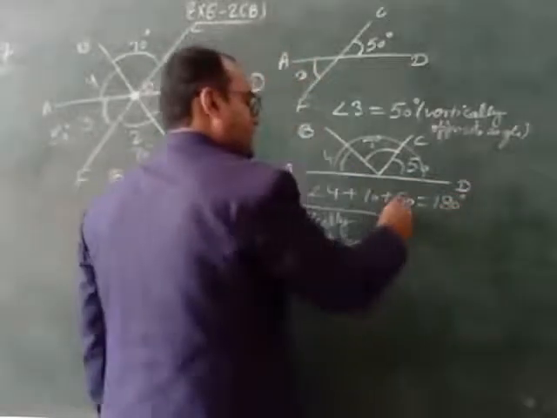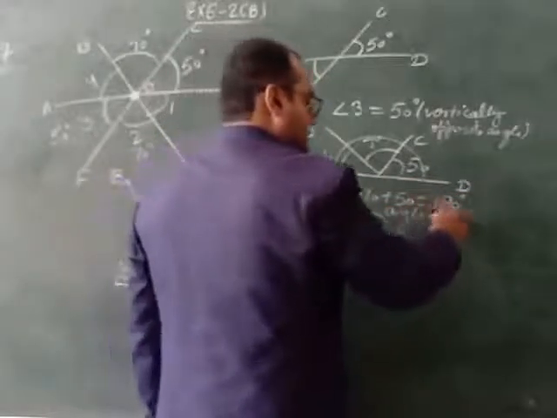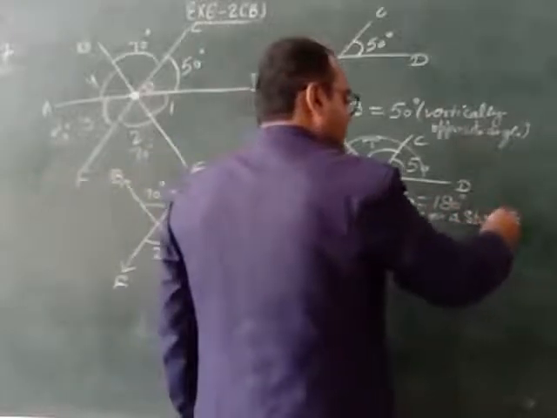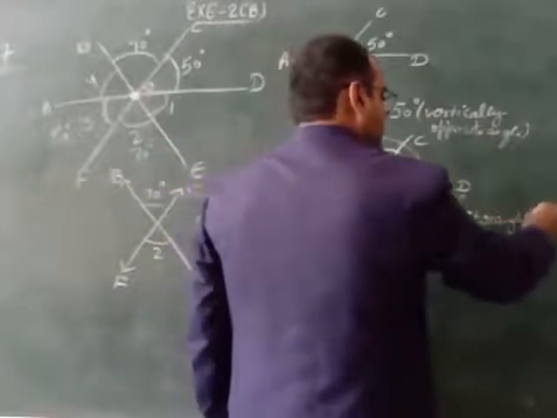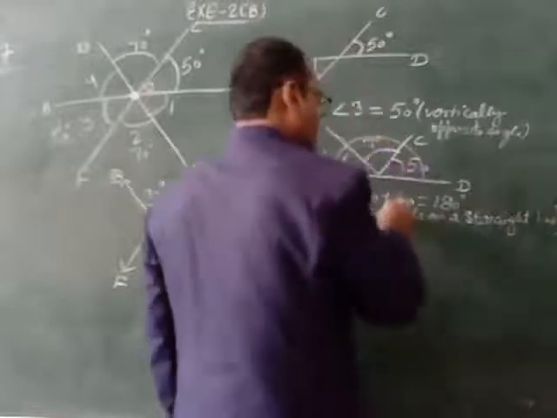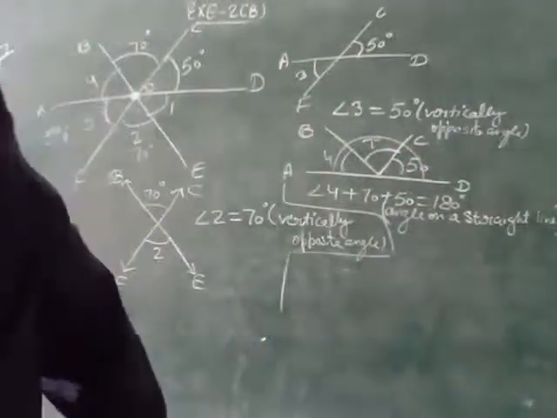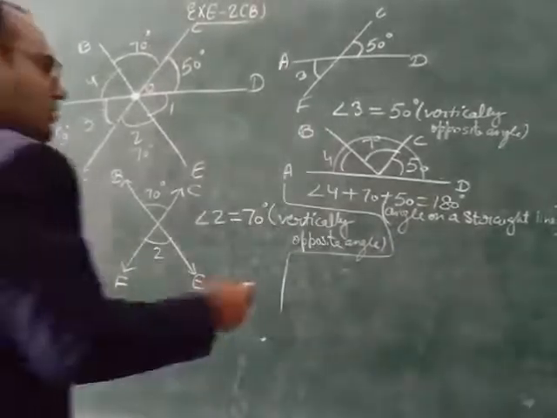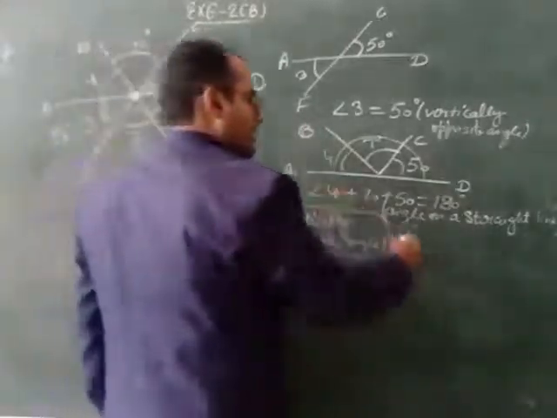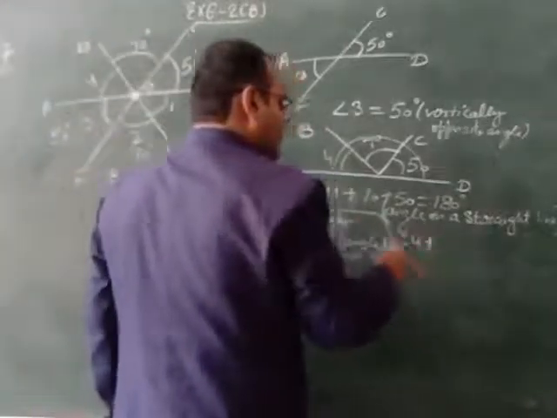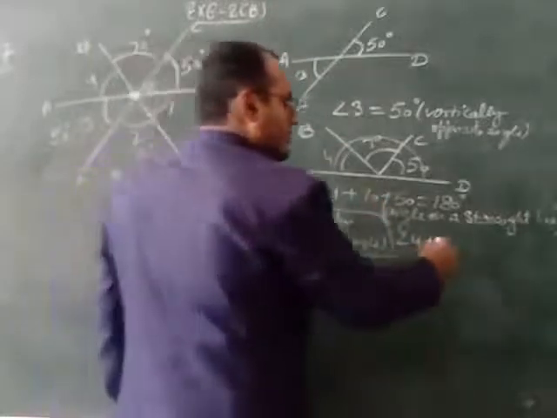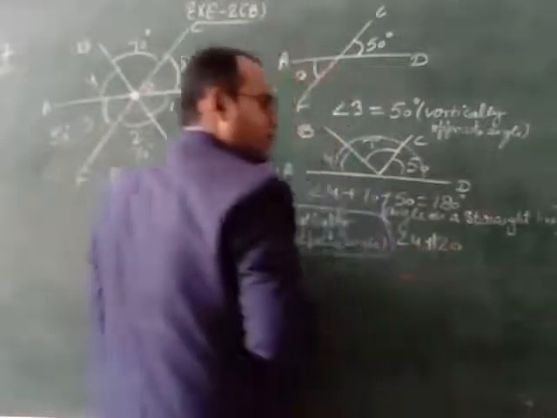The property name is angle on a straight line. Now we have to calculate the value of angle 4. 70 plus 50 will be 120.